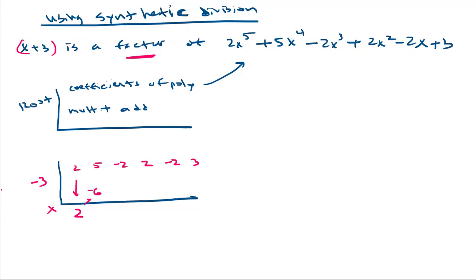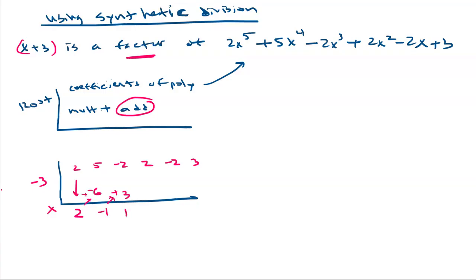Then we add this, which gives us -1, right? Because again, this is multiply and add. Then we do -3 times -1. We put our result here, that's going to be a +3, and then we add. So -2 plus 3 gives us a +1.